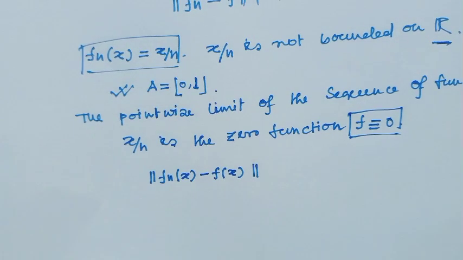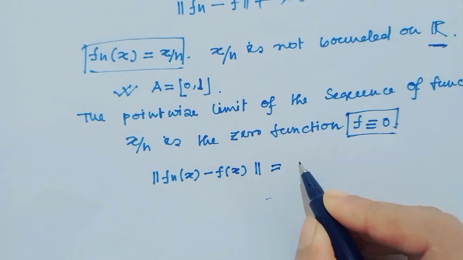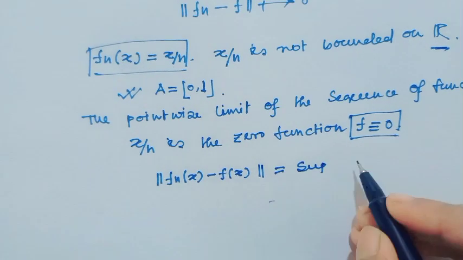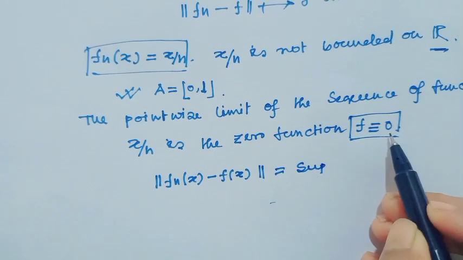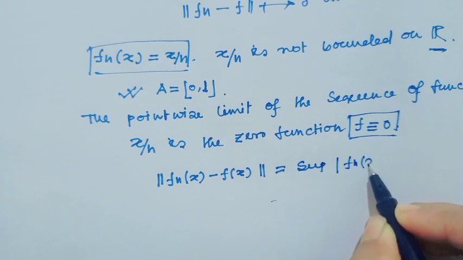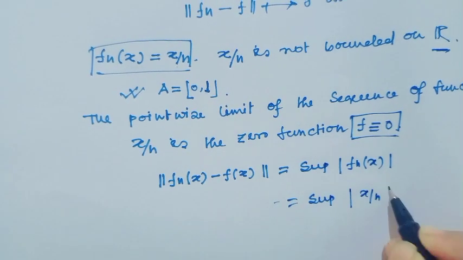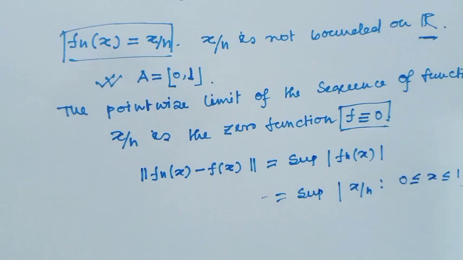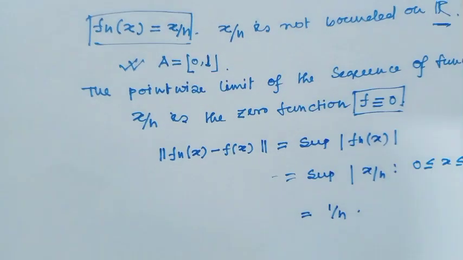Then apply the norm of fn minus f, which by the definition of the norm is equal to the supremum of the absolute value of fn of x minus f of x. Here f of x is 0, so this is the supremum of fn of x, which is the supremum of x over n such that 0 is less than or equal to x is less than or equal to 1. In this interval, the value of the supremum is 1 over n.